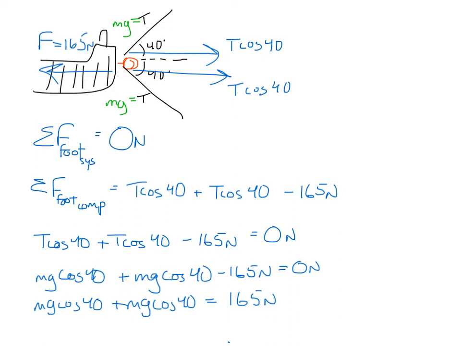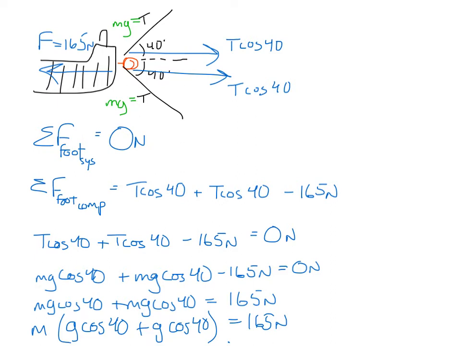All right? What we can do is factor out that m. We're solving for the m, right? Mass times, let's put everything else in the parentheses, g cosine 40 plus g cosine 40 equals 165 newtons.